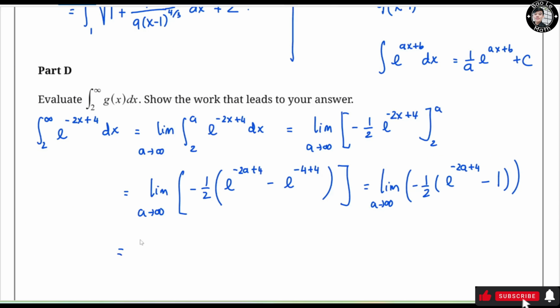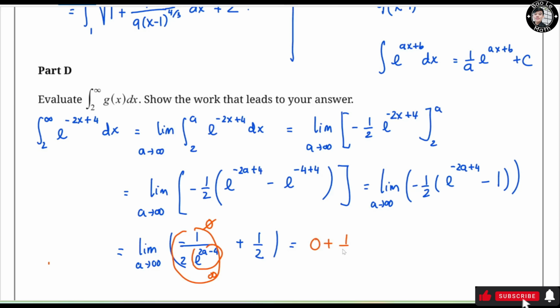So it's going to be the limit as a approaches infinity of negative 1 over 2 times e raised to the 2a minus 4, plus 1 over 2. We just distribute this one. When a approaches infinity, this guy approaches infinity, so the whole thing right here approaches 0, right? So it could be 0 plus 1 over 2. It could be 1/2, right?